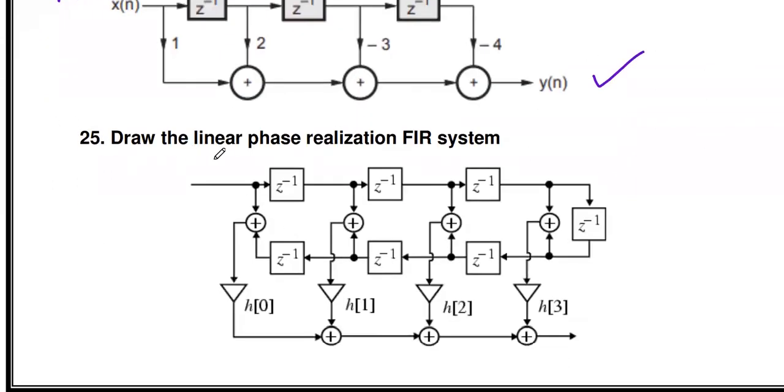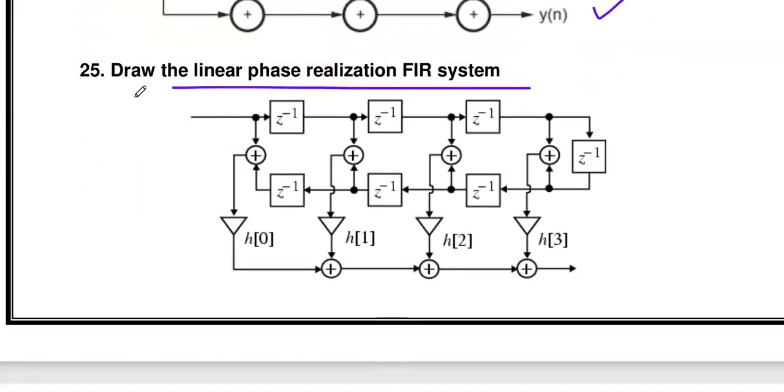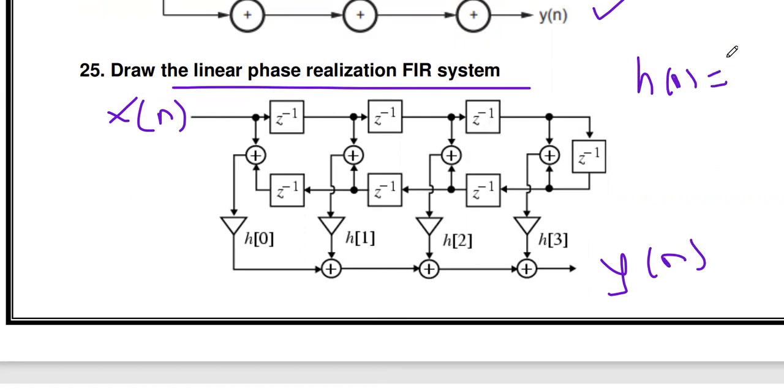Then the next one, draw the linear phase realization of FIR system. So this is the linear phase structure. Okay, this is the X of N and this is the output Y of N. Linear phase realization means the FIR system satisfies the condition H of N is equal to H of capital N minus 1 minus N. If the filter satisfies that condition, then FIR filters are said to be linear phase realization.